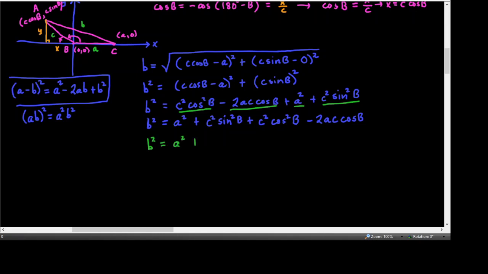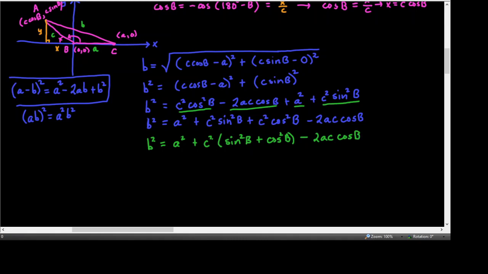And the next 2 terms have a common factor of c squared, which I will factor out, leaving sine squared b from the first of those 2 things, plus cosine squared b from the second of those 2 things, minus 2ac cosine b.